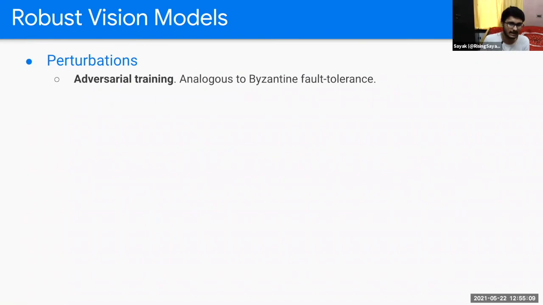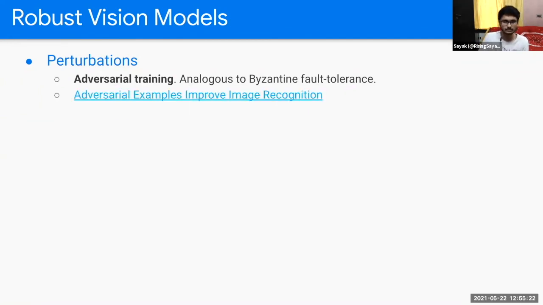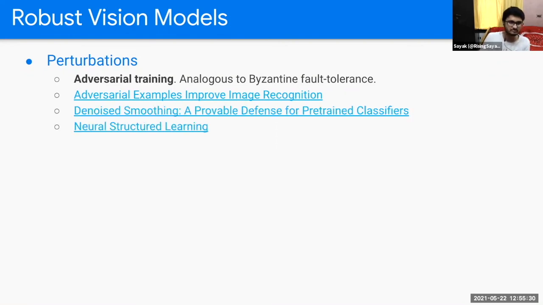It's analogous to something in distributed training called Byzantine fault tolerance, where you prepare your systems to handle themselves when they are met with absolute worst conditions. And here's an amazing read: adversarial examples improve image recognition. And here are some other notable defense techniques as well, like neural structured learning, denoised smoothing, and so on.